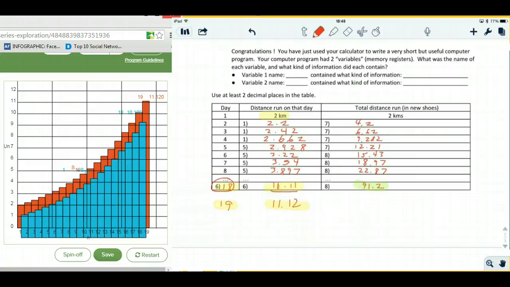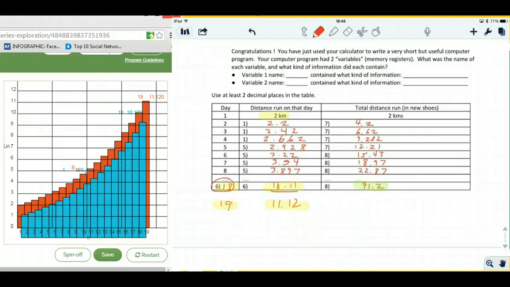And this number we never calculated, but it's useful for the derivation of the formula, which is on the 19th day he would have run 11.12, which is just 10.11 times 1.1. So I just want you to remember these yellow numbers. I want you to remember 19. On the 19th day he would have run 11.12. On the 18th day he ran 10.11, and on the first day he ran 2. You might remember some of these numbers in between, but you don't have to.